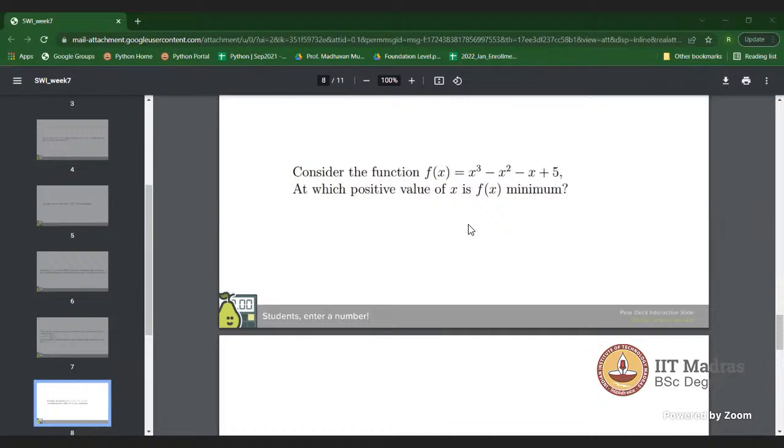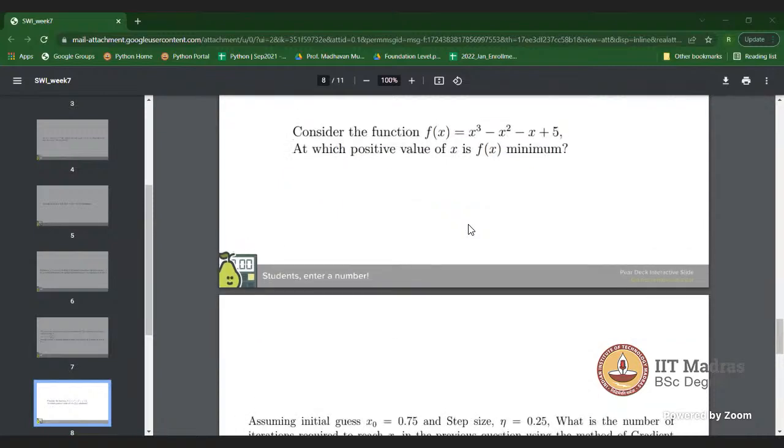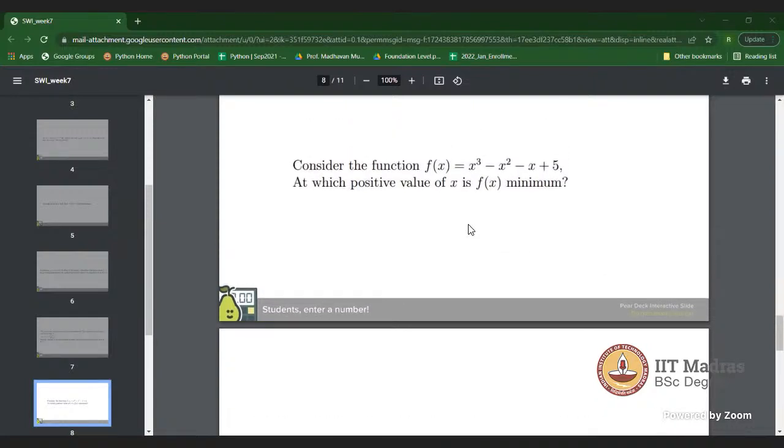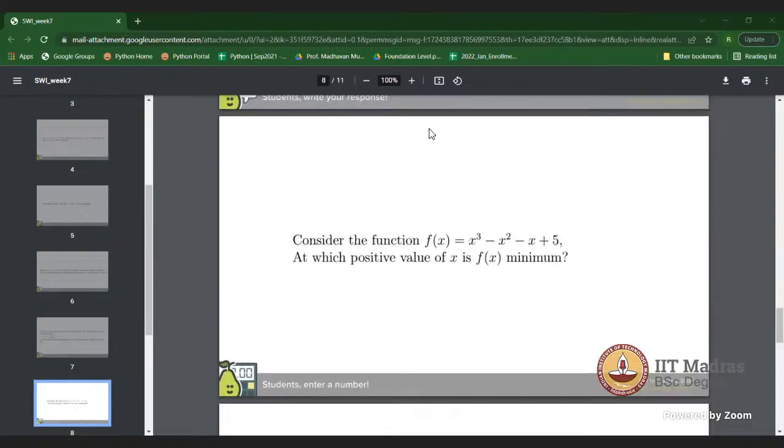Your condition should be that the x value should be greater than 0, and f of x should be minimum, which means f double dash of x at that particular point should be greater than 0. I don't think you need to check f double dash of x also. I'm getting the value of x as 1. Yeah, the correct answer is 1.